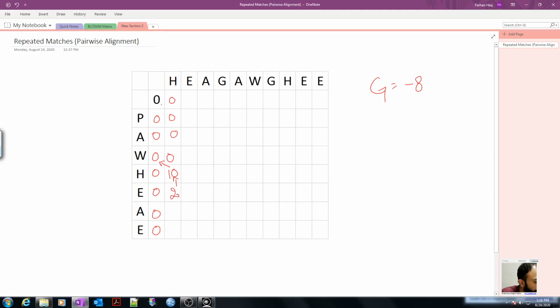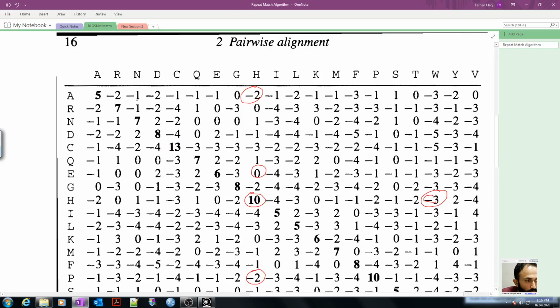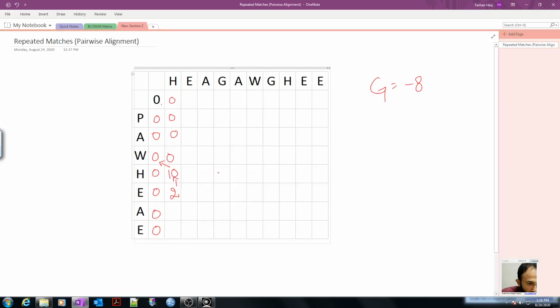In the next cell, again we have to check the A and H value. For A and H this is -2, which is already highlighted. So if we add values from all those sides, from here 2 minus 8 will be -6, here it will be -2, so the maximum value is 0.